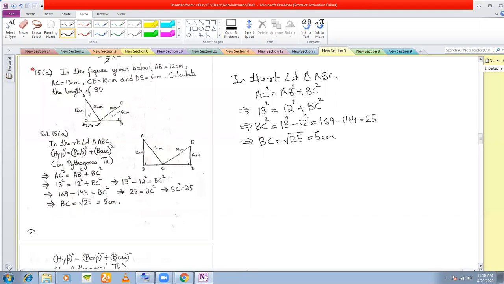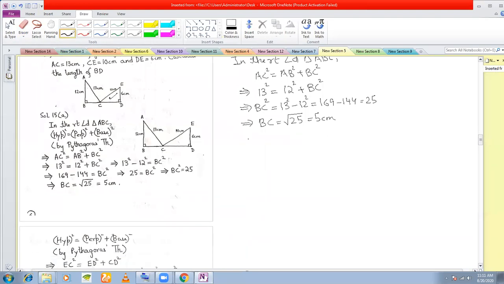Now we consider the other right angle triangle, this one, CDE. Hypotenuse square is equal to perpendicular square plus base square.